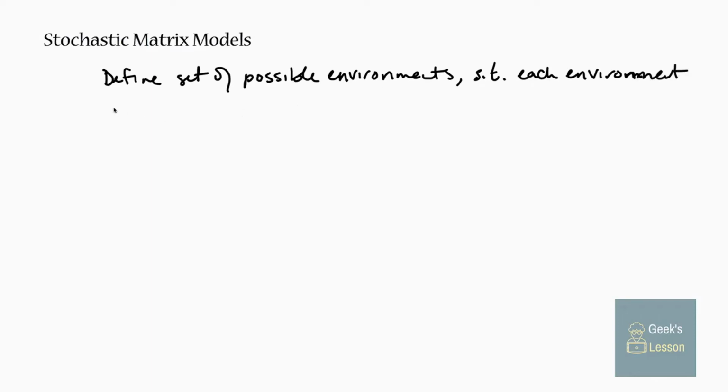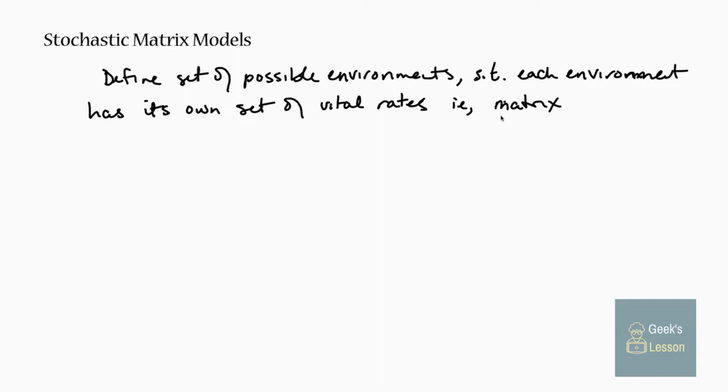Each environment has its own set of the vital rates, i.e. matrix. Then you need to define the rules governing the sequence of environments your population is going to encounter.